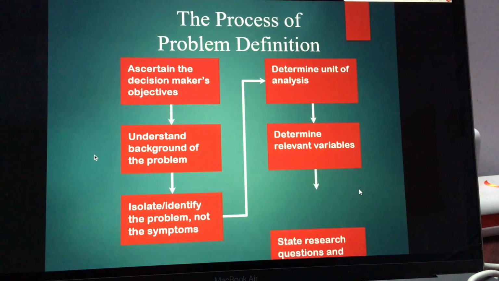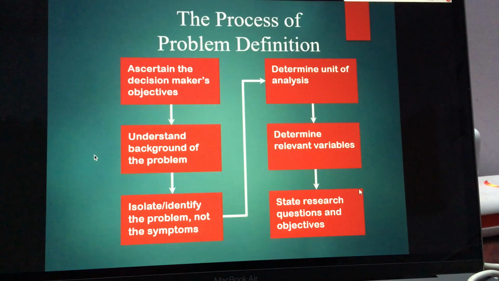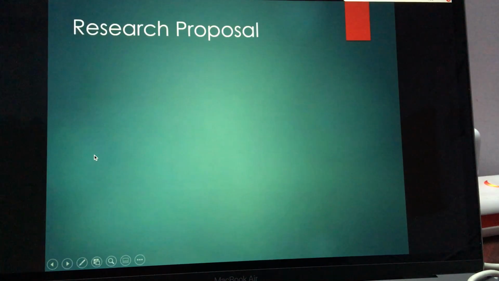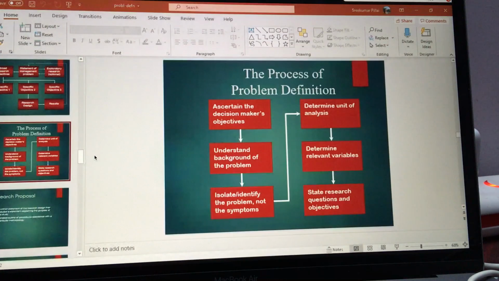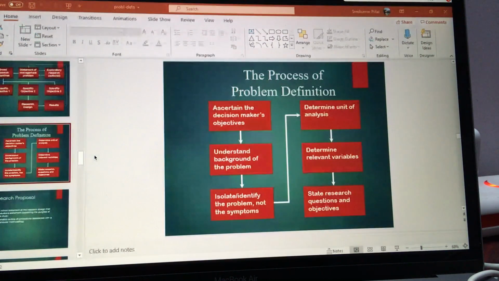Based on the relevant variables, you will state your research questions and the objectives. Once the entire thing is done, you can say that your problem definition is done. Problem definition is over. Got it? So that is what we mean by this.